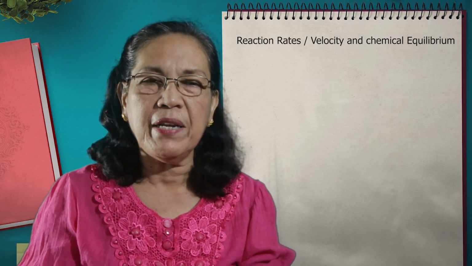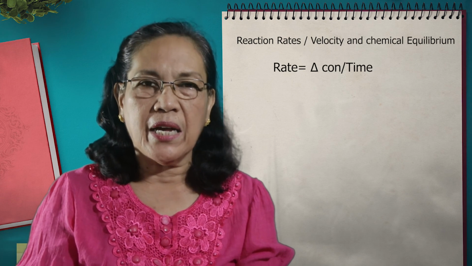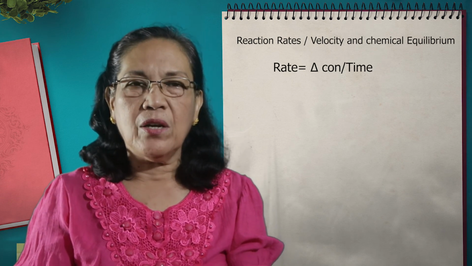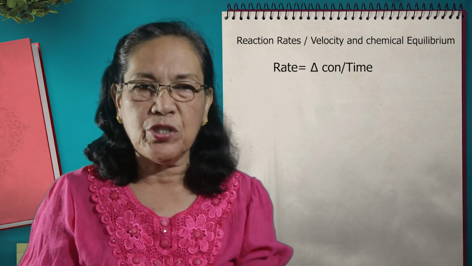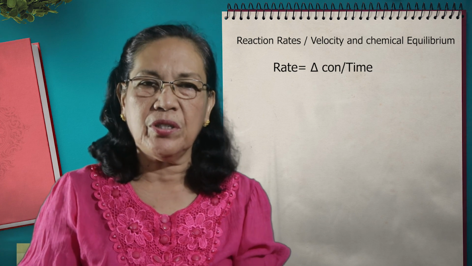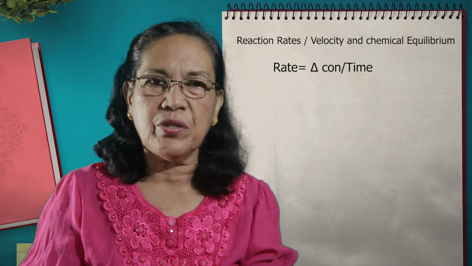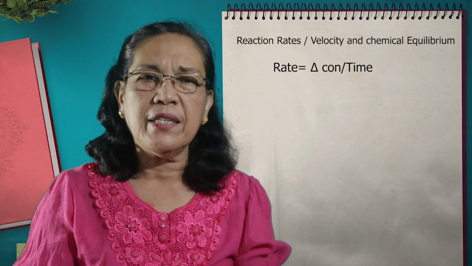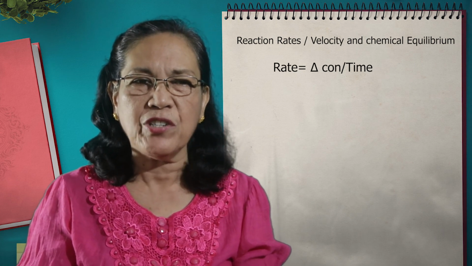It is defined by the equation: rate of reaction equals the change in concentration over time. This change in concentration would refer to the concentration of the given reactant or the given product.